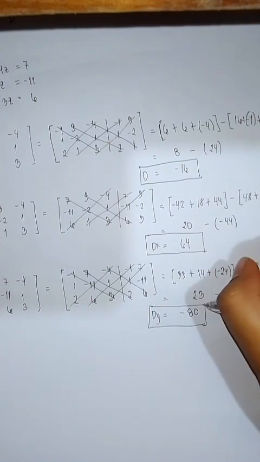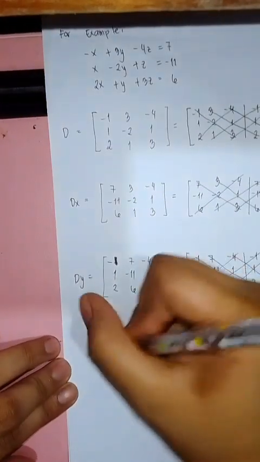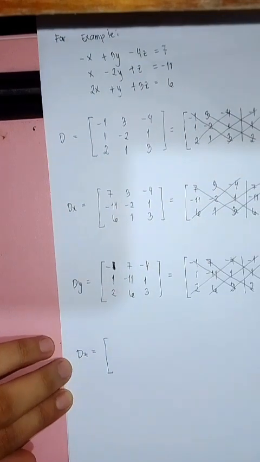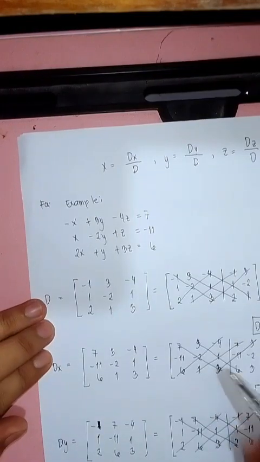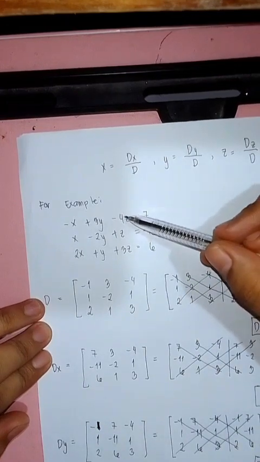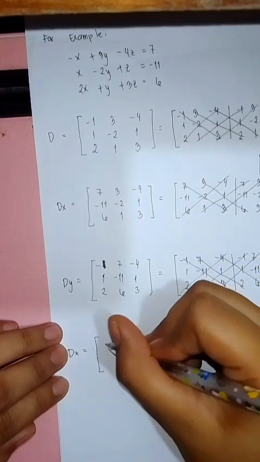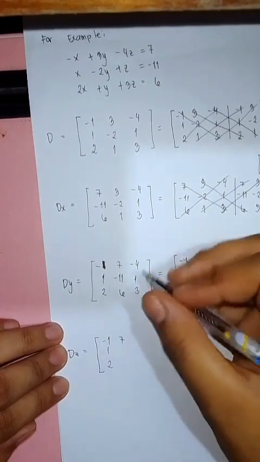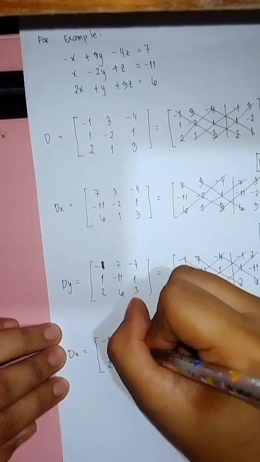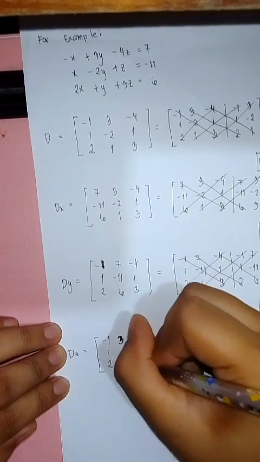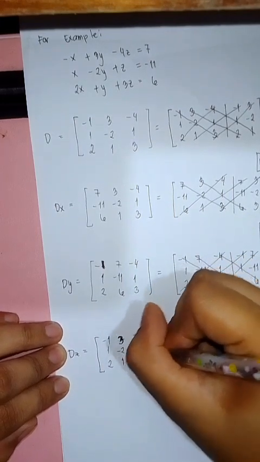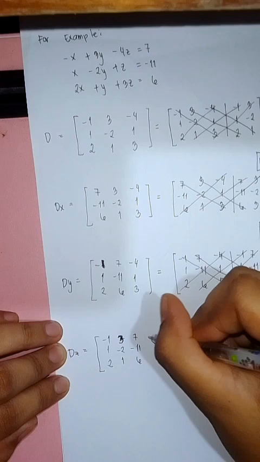Let's proceed in getting the D sub z. So we will simply replace the coefficients of z with the constants. So this will become now negative 1, 1, 2, 7, 3, negative 2, 1, 7, negative 11, 6.